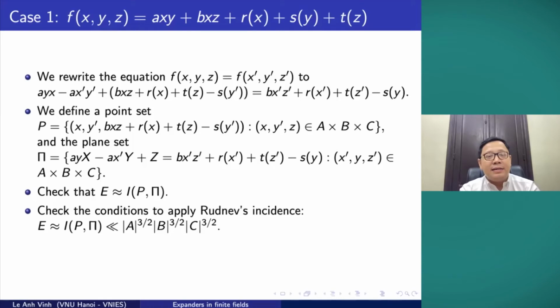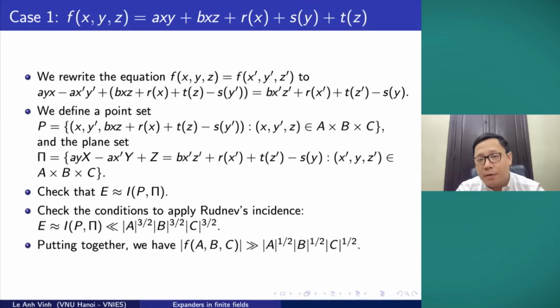It should be E much smaller than A to the 3/2, B to the 3/2, and C to the 3/2. And you divide by a squared, b squared, c squared. You have a lower bound for the size of f(A, B, C). Okay, that is the required lower bound.